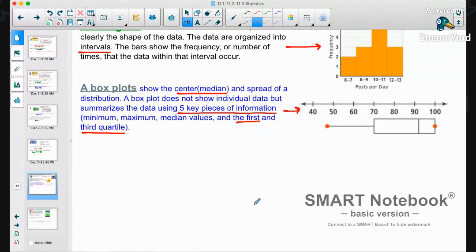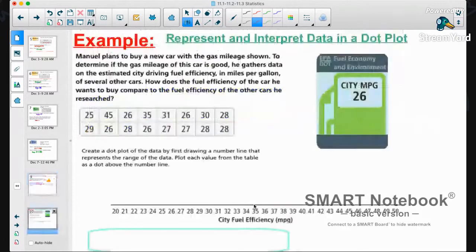All right, let's get started from the dot plot. Represent and interpret the data in a dot plot. Manuel plans to buy a new car with the gas mileage shown. To determine if the gas mileage of this car is good, he gathers data on the estimated city driving fuel efficiency in miles per gallon of several other cars.